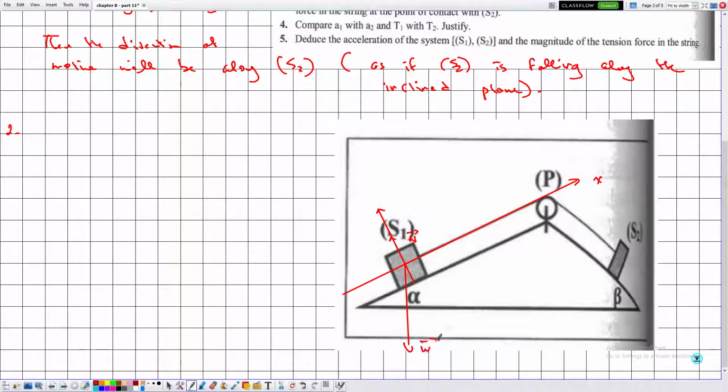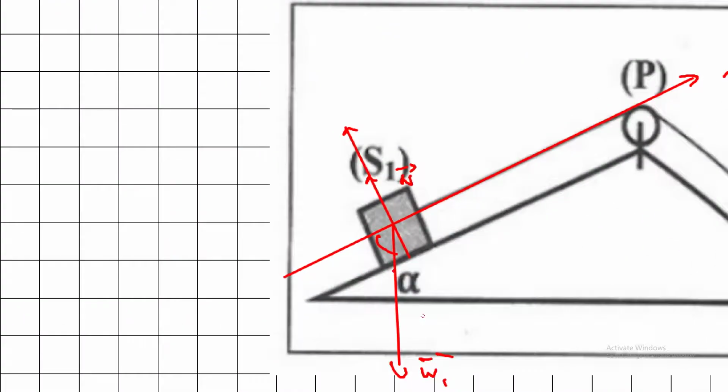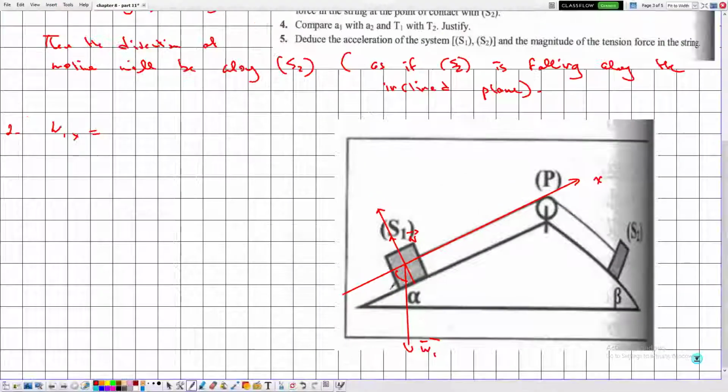So this is W1. Let's determine the projection of each of the forces. Here we have W1x, pointing in the negative direction of the x-axis. So this angle here will be pi by 2 minus alpha. This is parallel to this, so this is also pi by 2 minus alpha. So it's given by minus w cosine of pi by 2 minus alpha, which is minus w sine alpha.